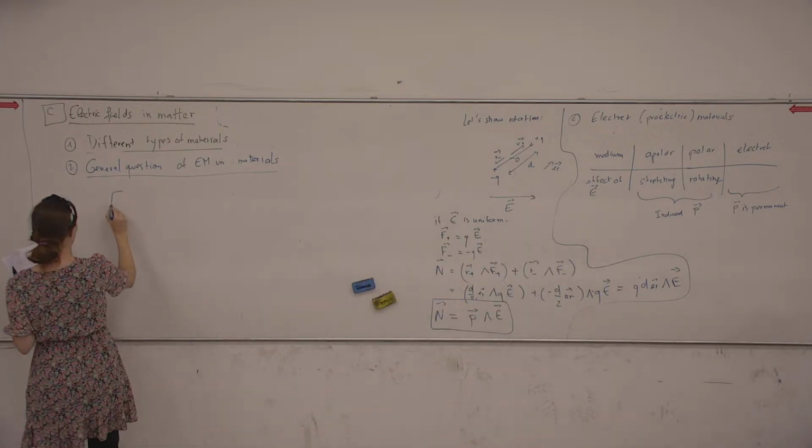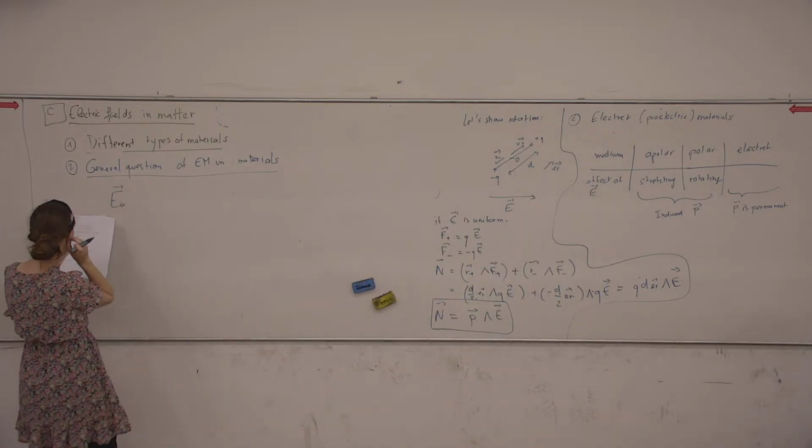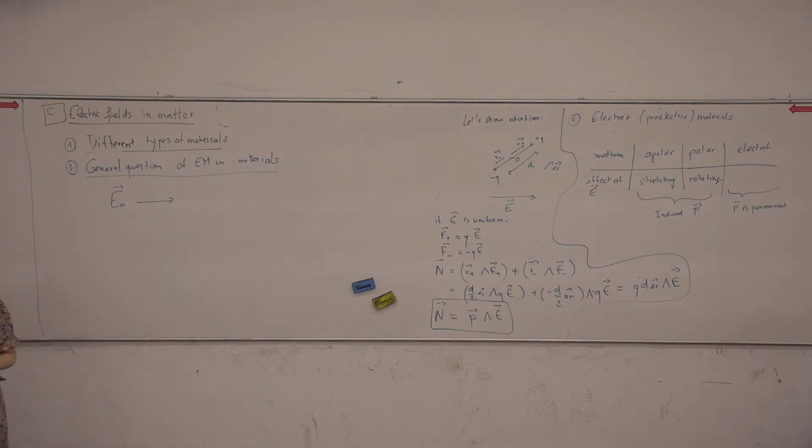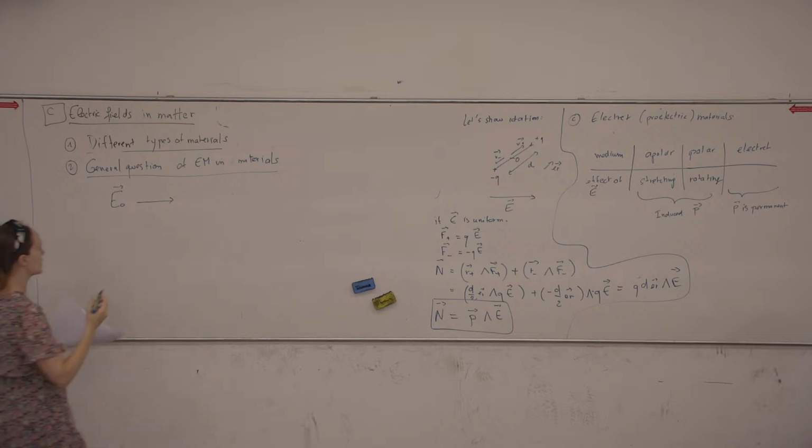I have an external field E0, which is generating what in a material? We saw now that if I put a material in a field E0, dipoles are created. It's generating a dipole moment of polarization.